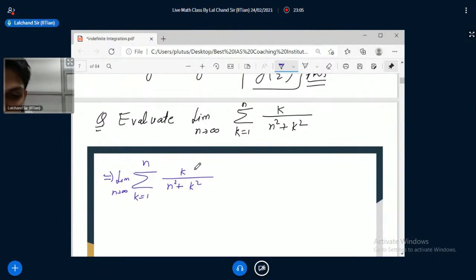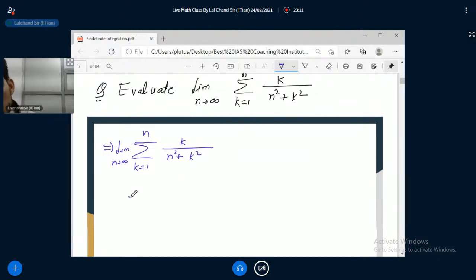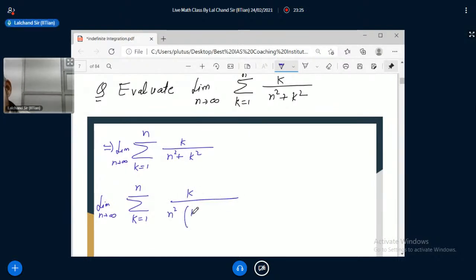Okay, if I take n square common from this denominator factor, then I have limit n tends to infinity, sigma of k from 1 to n, k divided by n square into 1 plus k square by n square, isn't it?